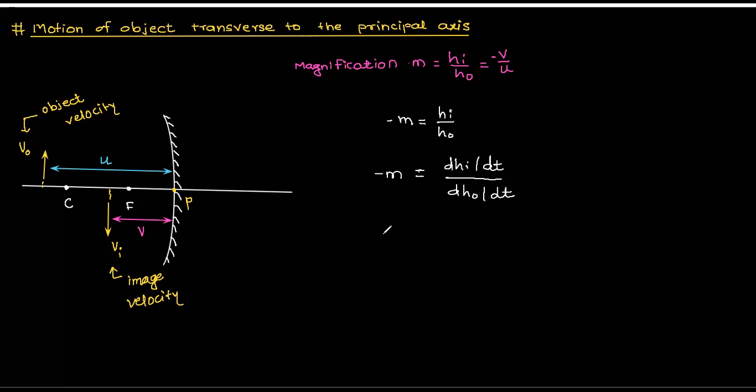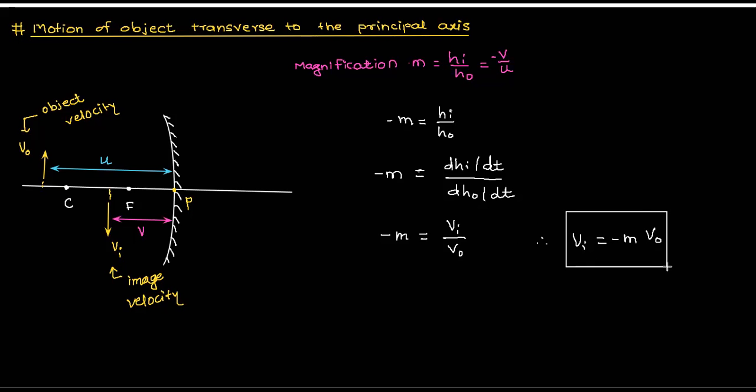So here, minus m is equal to, can I write like this, vi divided by v naught. And therefore I am getting velocity of image is equal to minus m into velocity of object.